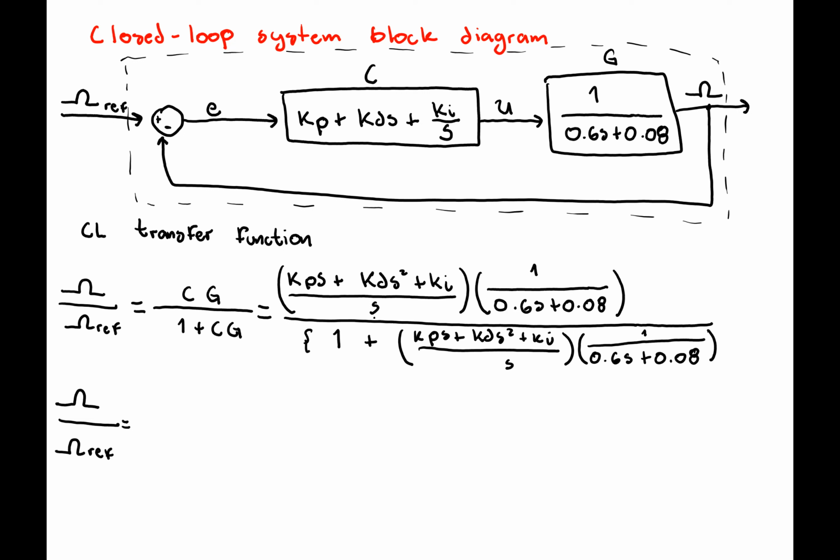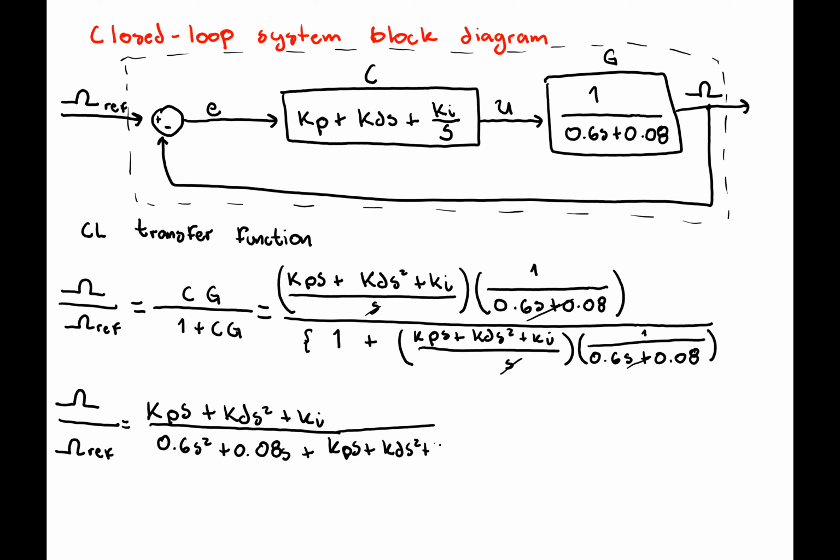So we can actually cancel these out, and what we're going to have in the end is this: Kp s plus Kd s square plus Ki over, now if we're doing the common denominator, this is going to be on this side, so this is going to be 0.6 s square plus 0.08 s plus Kp s plus Kd s square plus Ki.